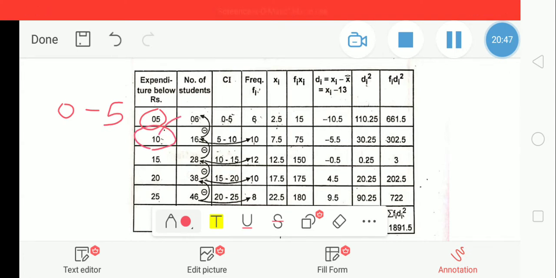Now here we convert 10 to 5 rupees to 10, between 10. And here 10 to 15 and here 20, so we can write 15 to 20 and 25 here we can write 20 to 25. Here difference is 5. So we can write here 0 to 5, 5 to 10, 10 to 15, 15 to 20 and 20 to 25. Here the difference is 5.